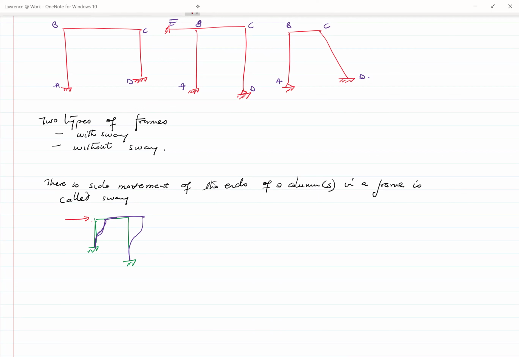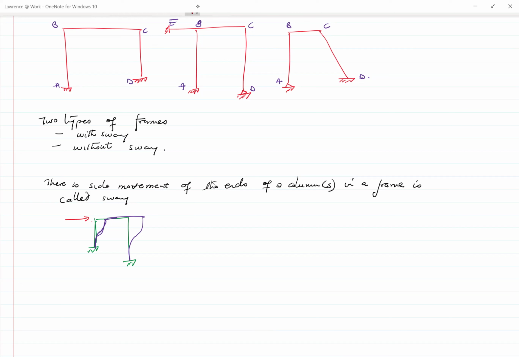All right. So here's an example of a sway, and some structures typically have sway even when properly designed. So we need to take into consideration analysis of such structures and then understand how we can calculate the reactions. Okay.